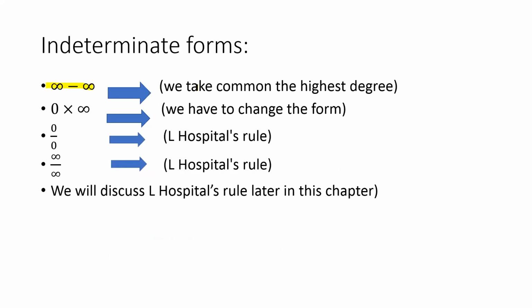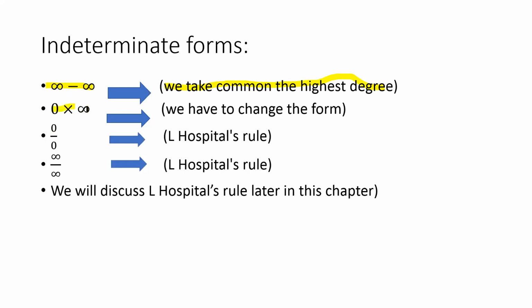We take the common factor, or we take the highest degree. This is very important. We are going to use all this whenever we are taking functions. Mostly 60% of your program is about functions.